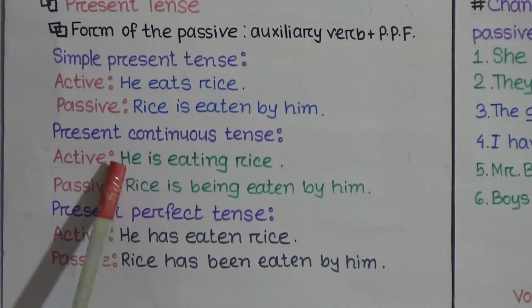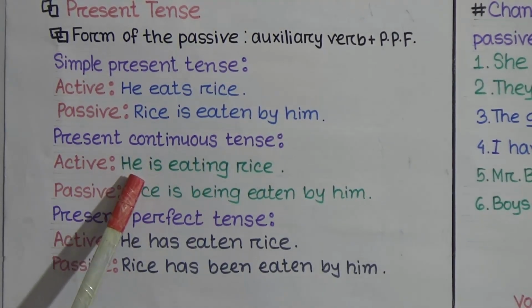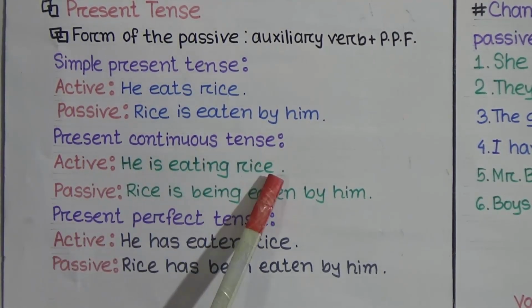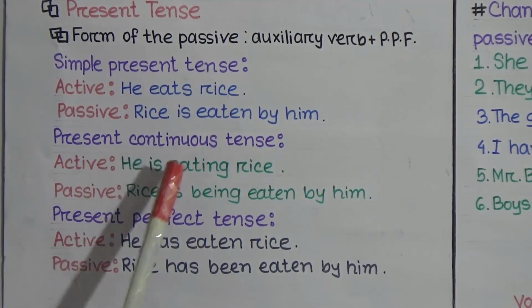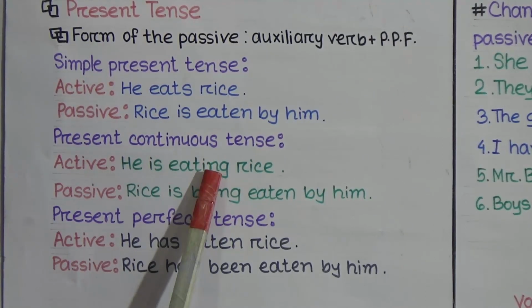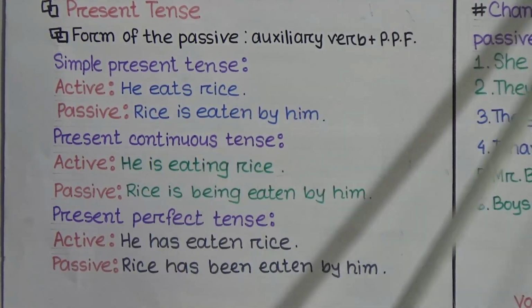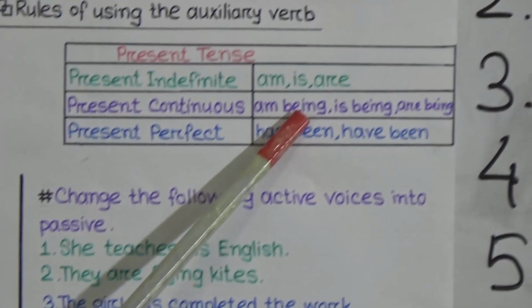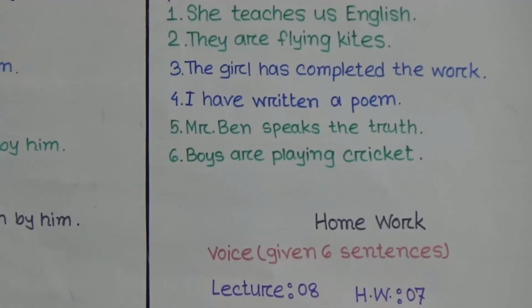Then is this present indefinite or present continuous? We know this is present continuous because the structure of present continuous is subject plus am/is/are plus verb with ing, then object. So this is the structure of present continuous tense, and that's why we have to add "being" with the verb am, is, are. As we have written "is," we have to write "being" here.